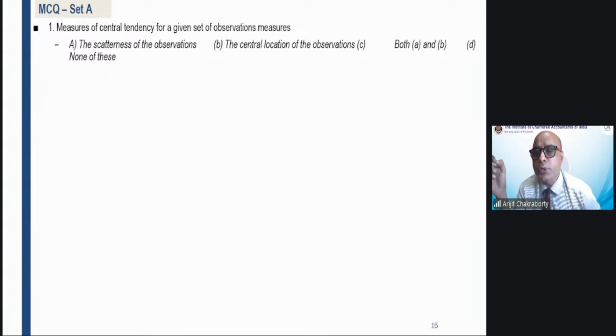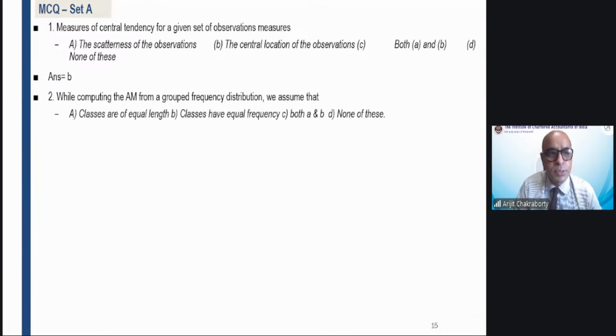Scatterness, central location, both A and B. So if you see measures of central tendency, they are not interested to find out the scatterness of the observations. This is a measure of dispersion. This we will take up later in the next unit. But central tendency talks about the central location of the observations. Therefore, option B is the right answer.